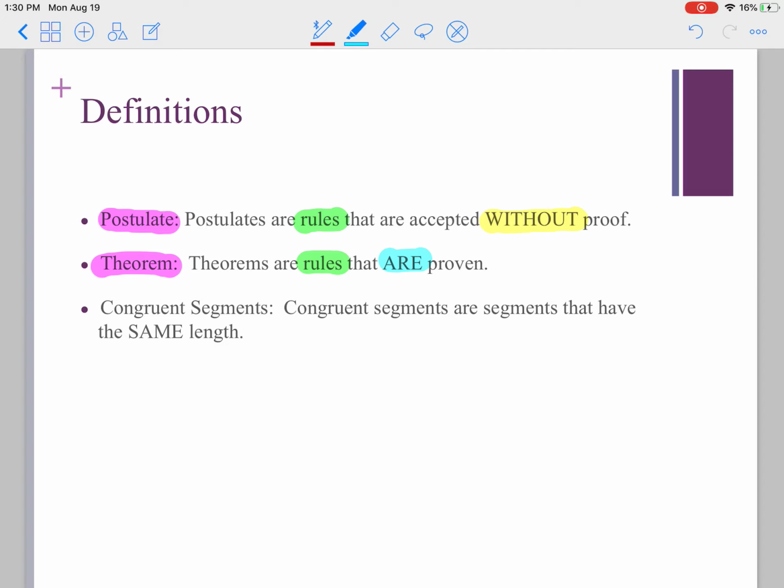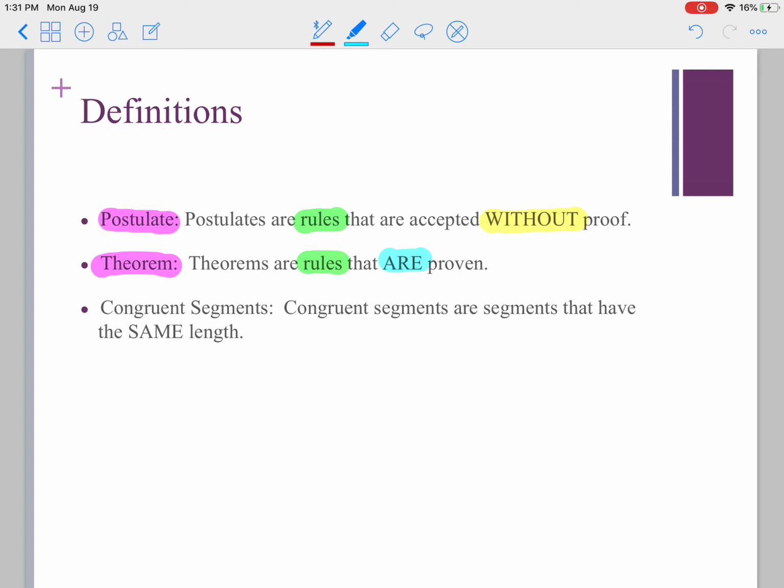These are very important terms to remember because we are going to use them each. Because once you prove a theorem, you can use it then to solve problems or even prove other theorems or diagrams or examples or problems. So lots of different uses for theorems.